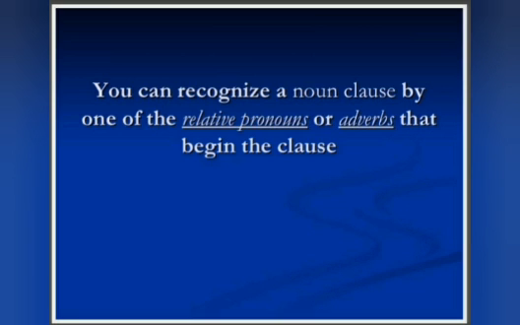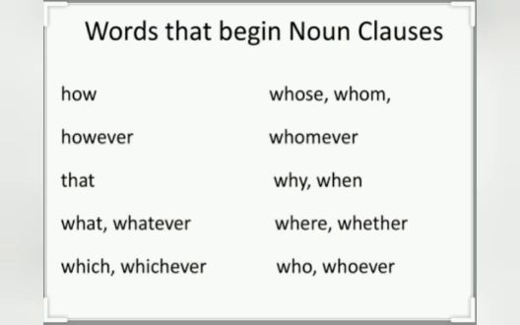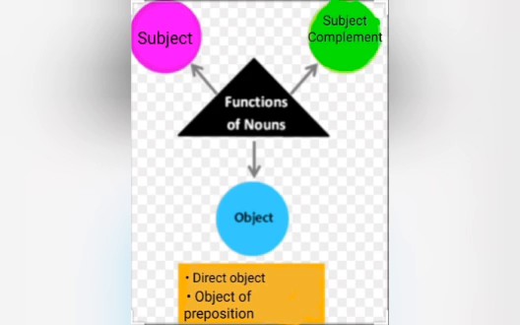Yes, you can recognize a noun clause by one of the relative pronouns or adverbs, you can say, that begin the clause, like how, however, that, what, whatever, which, whichever, whose, whom, whomever, why, when, where, whether, who, whoever. Okay?